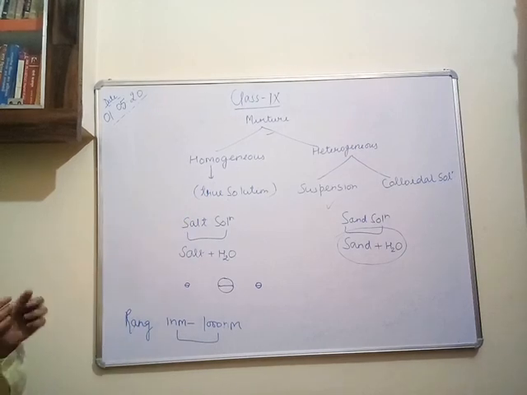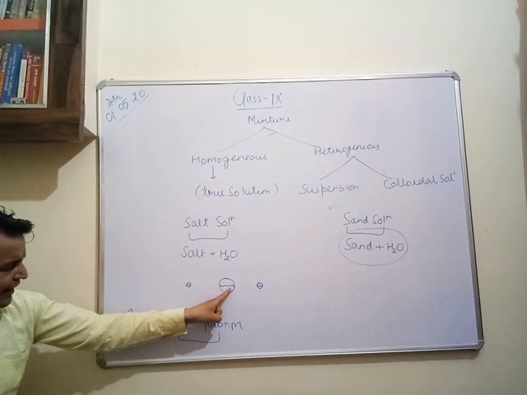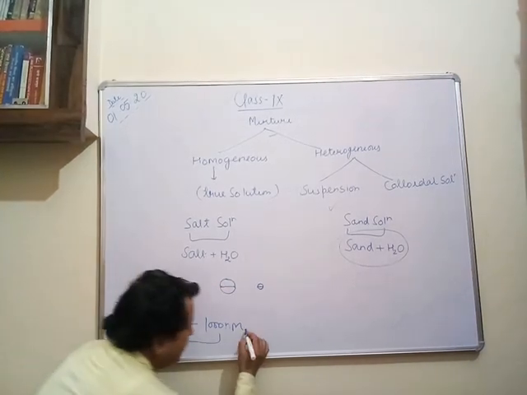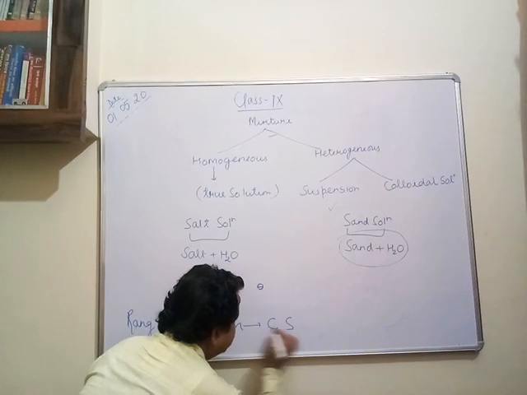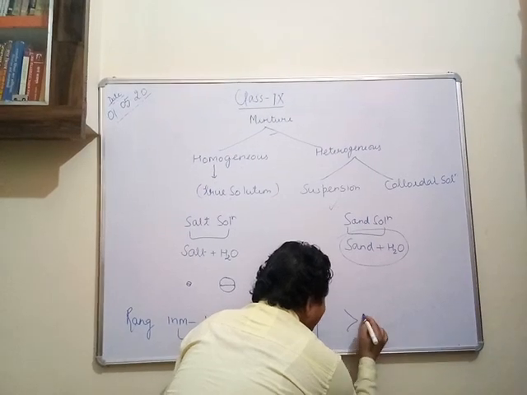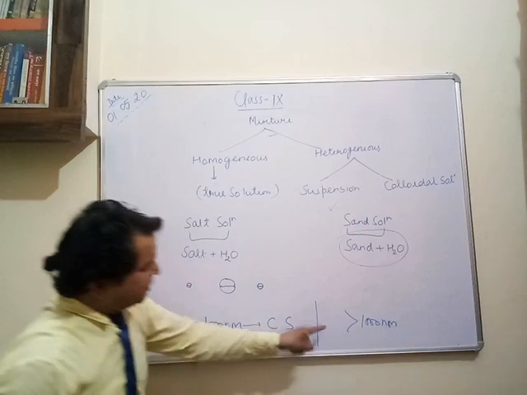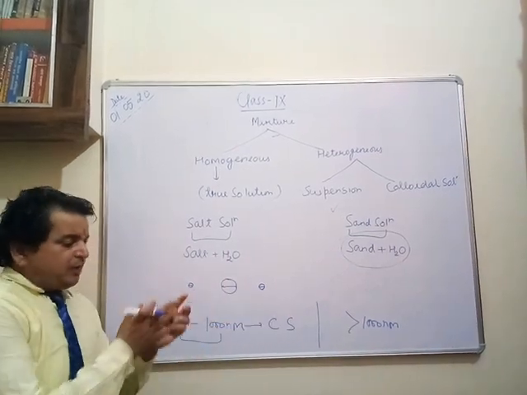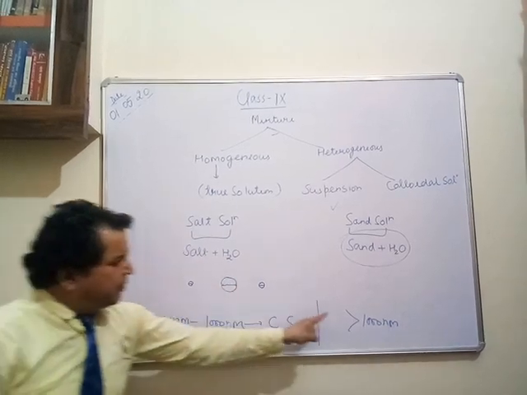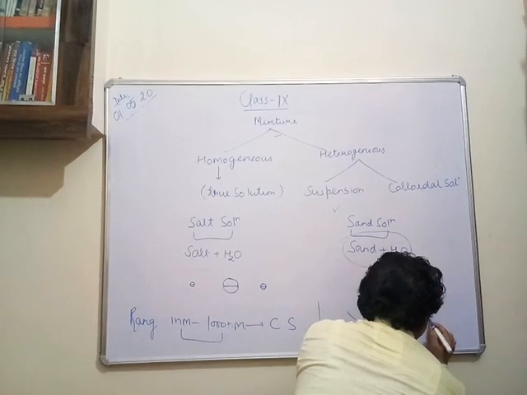Just like the sand particle you have seen, the diameter has a range. If that diameter range is 1 nanometer to 1000 nanometer, it will be colloidal solution. If it is larger than 1000 nanometer, meaning the diameter of the particle is more than 1000 nanometer, it will be suspension.